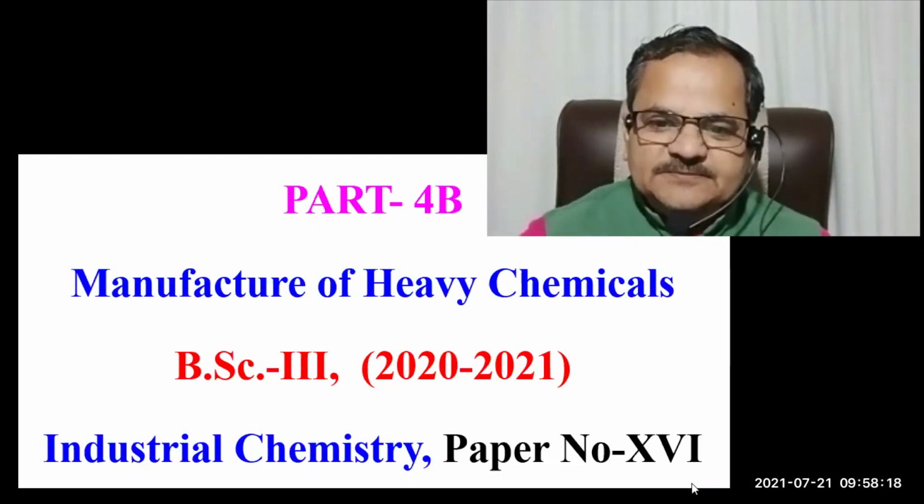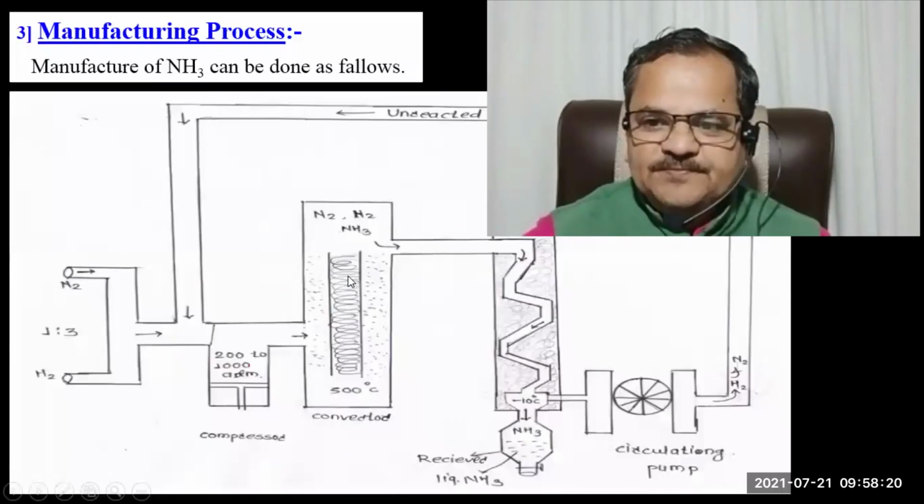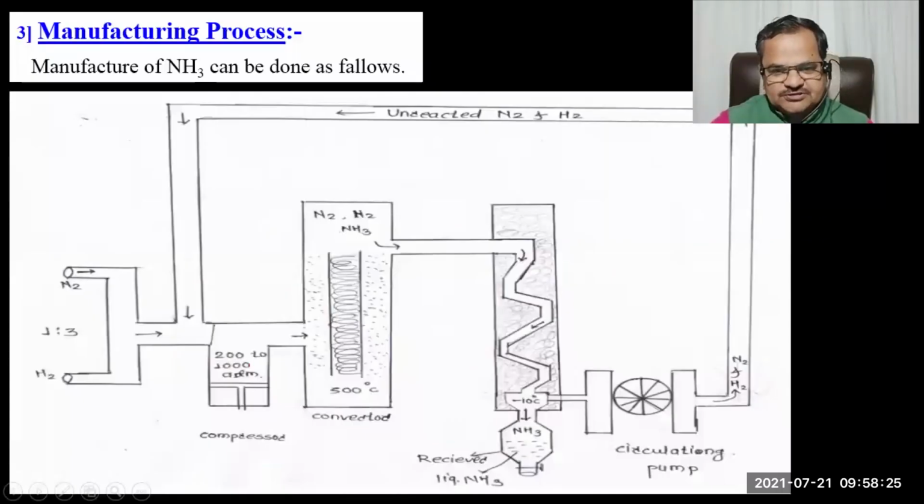In this part, we are going to study the actual procedure or process of the manufacture of ammonia by Haber's process. In previous videos, we have seen the main chemical reactions involved in the manufacture of ammonia, and the second point, the physicochemical principles involved in the manufacture of ammonia.